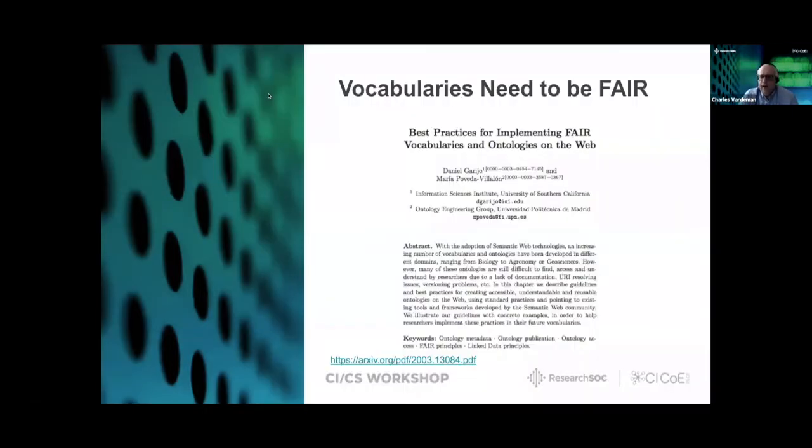Okay. So a really good paper that I think has now been accepted, but the preprint is available on arXiv, talks about best practices for implementing FAIR vocabularies and ontologies. And these are procedural and mechanical sorts of things about how do we embed data and metadata in a vocabulary file in the best way?